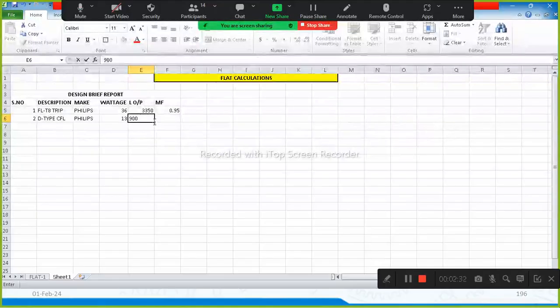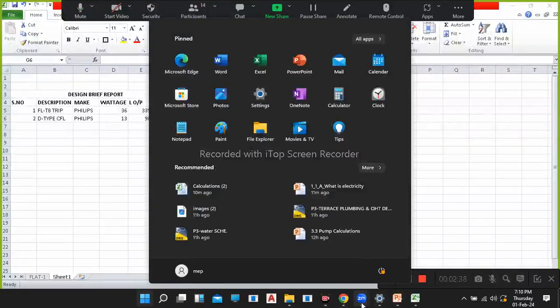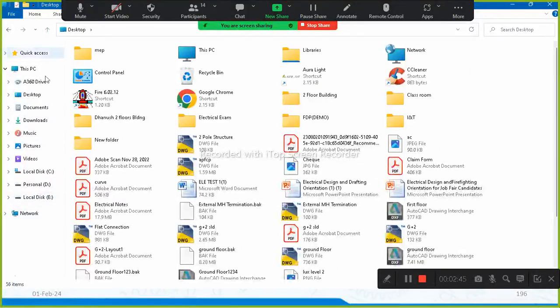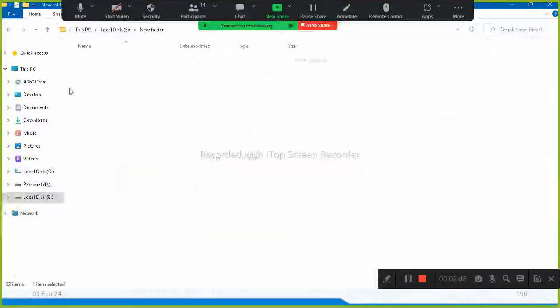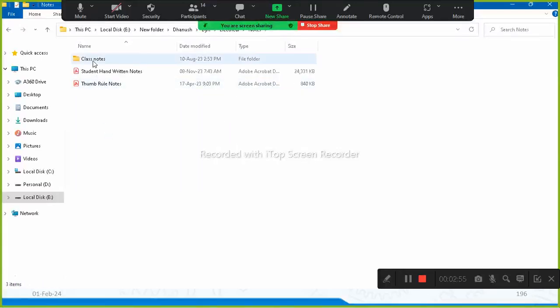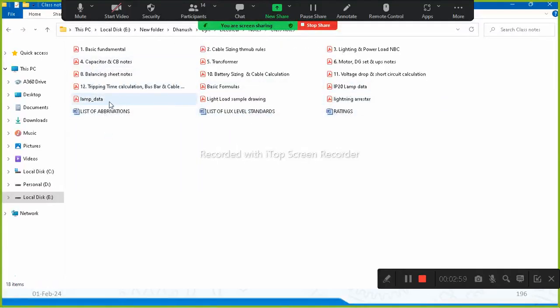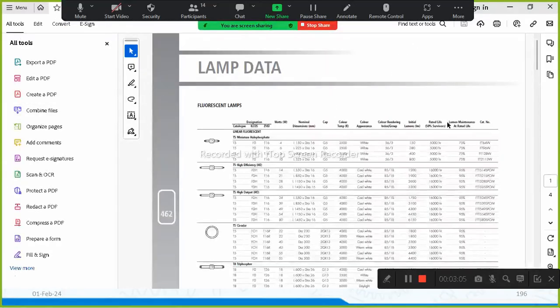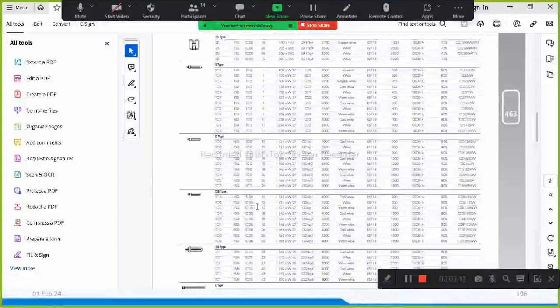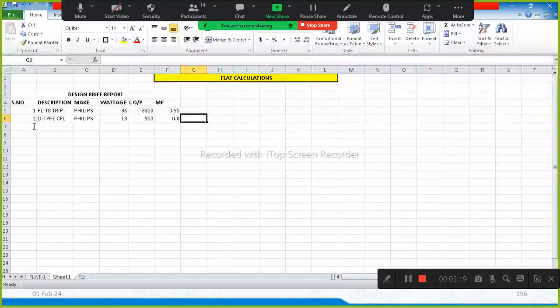Okay, let me take 13 watts. 900 is the lumen output, and 80% is the maintenance factor.